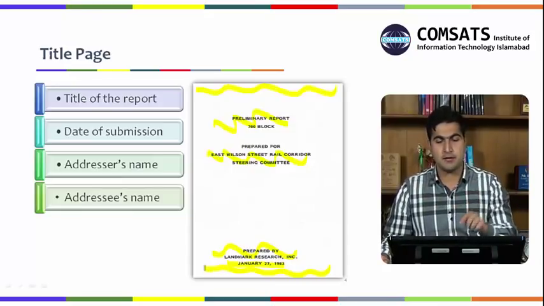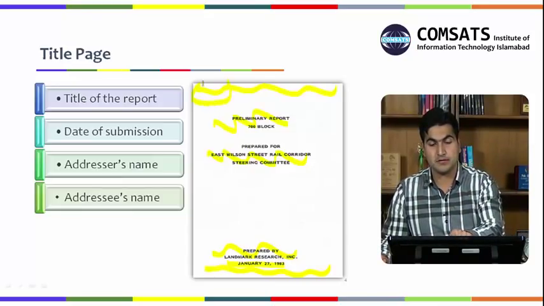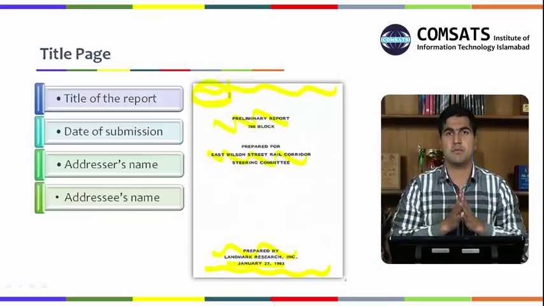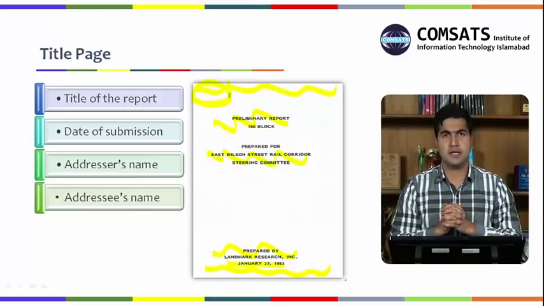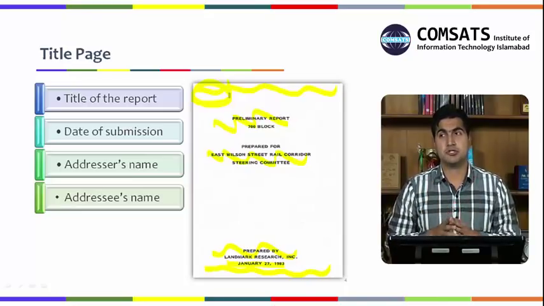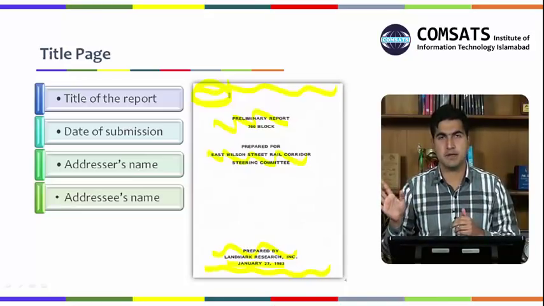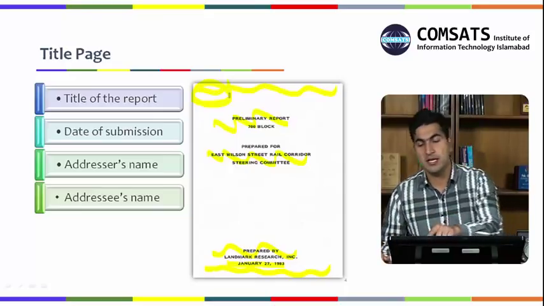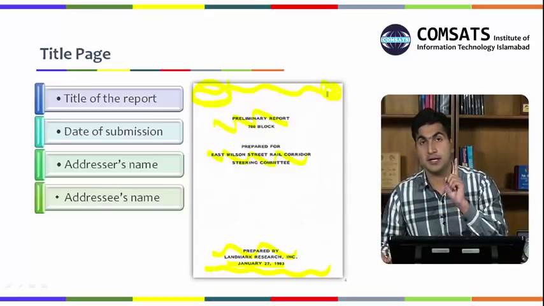In the header, this circular area is very important, because this is the place where you place the title in capitalized version, which comes on every page in that capitalized form. And within this area, you write the page number.